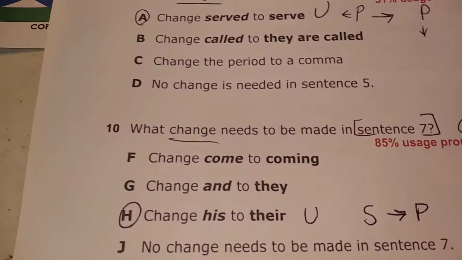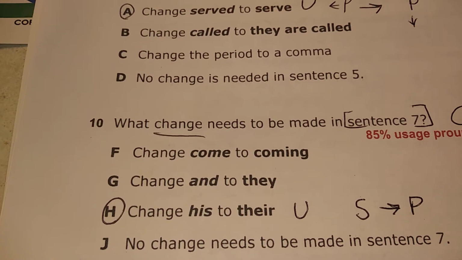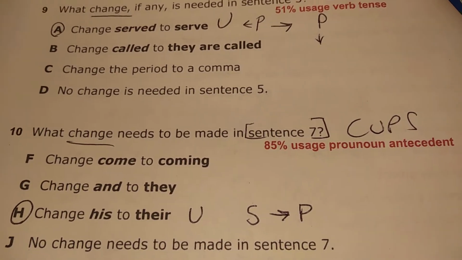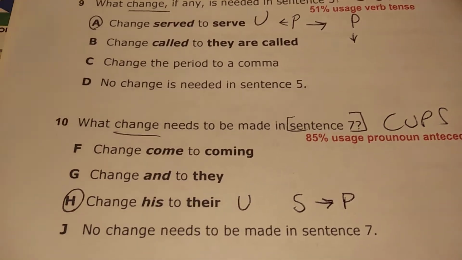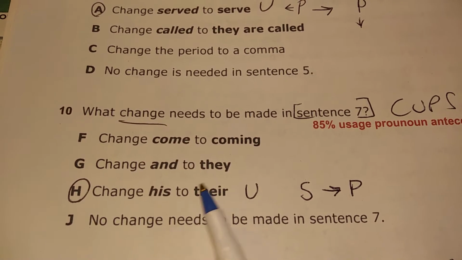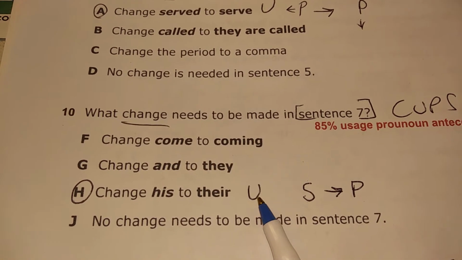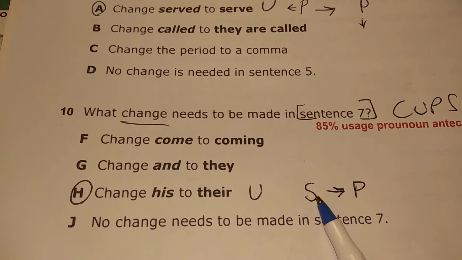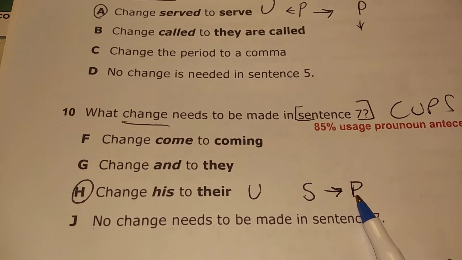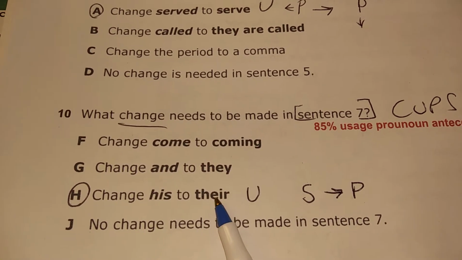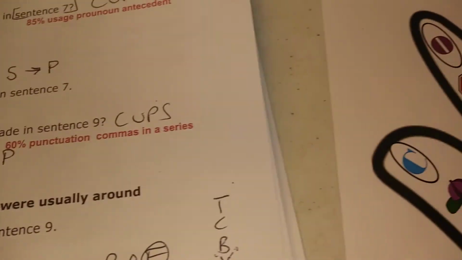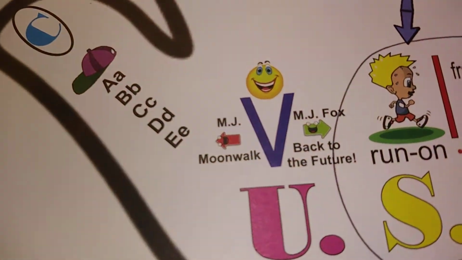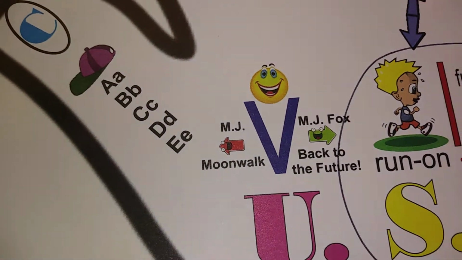All right? Question 10. What change, again, needs to be made in sentence 7? Your kids would write CUPS. The answer was change his to their. That's also usage. Singular to plural. His being one, their meaning more than one. So they have to check the previous sentence in order to see what usage should be used.